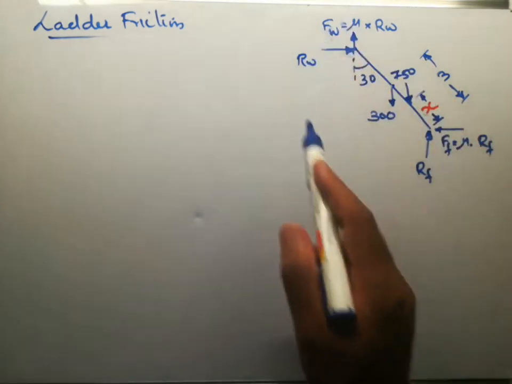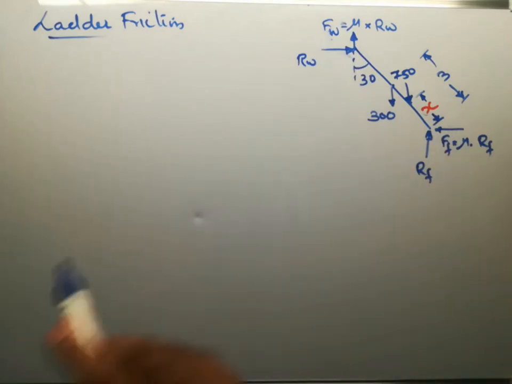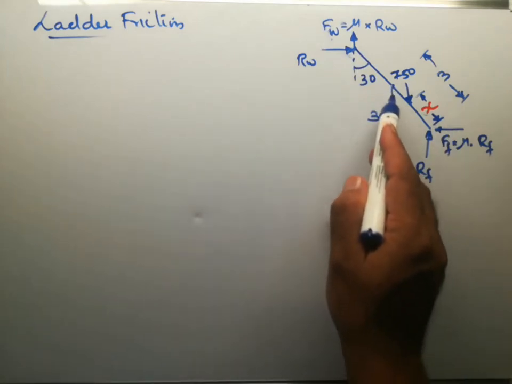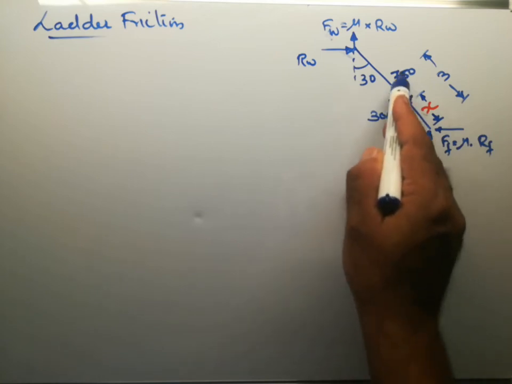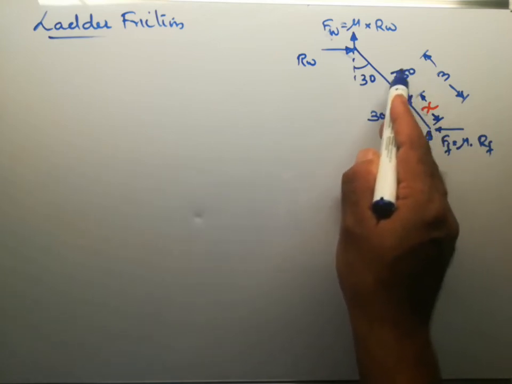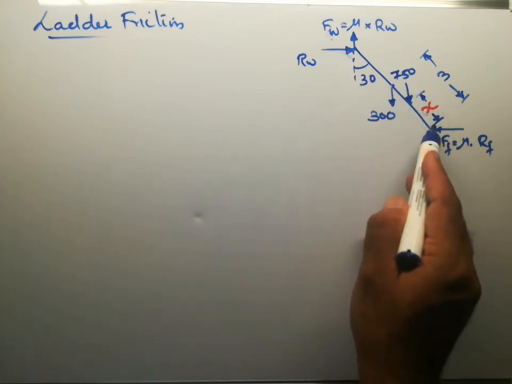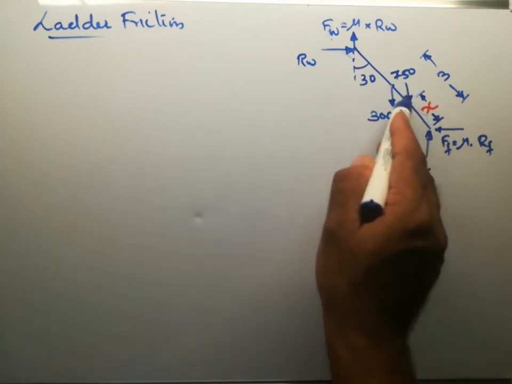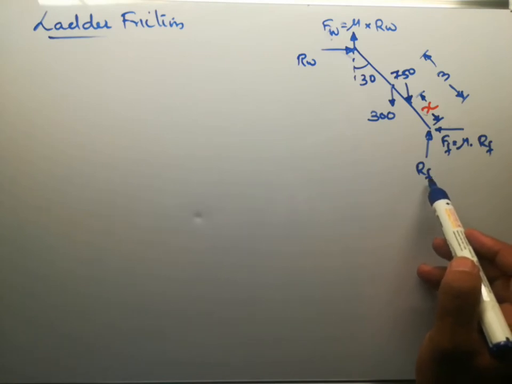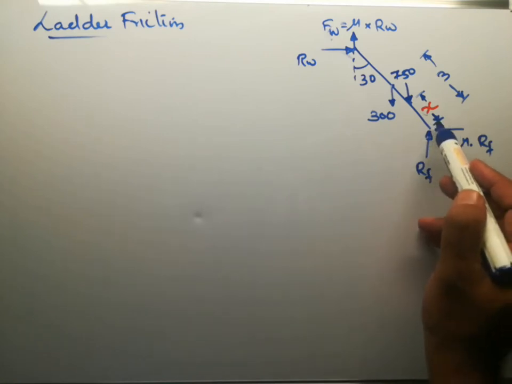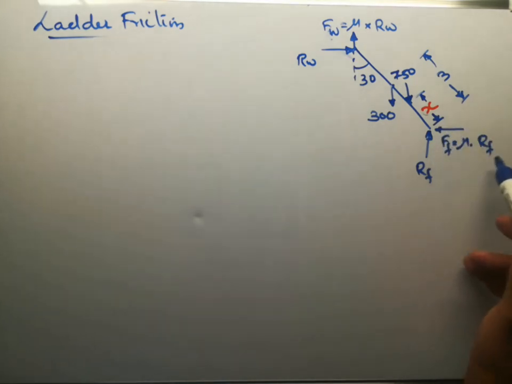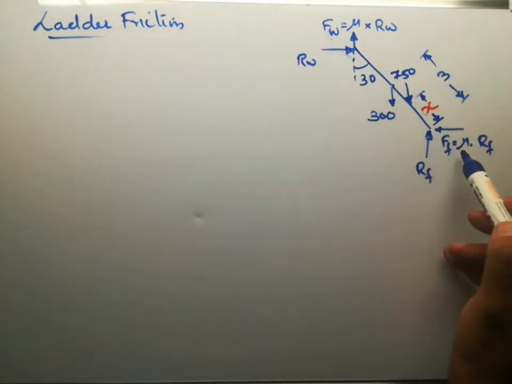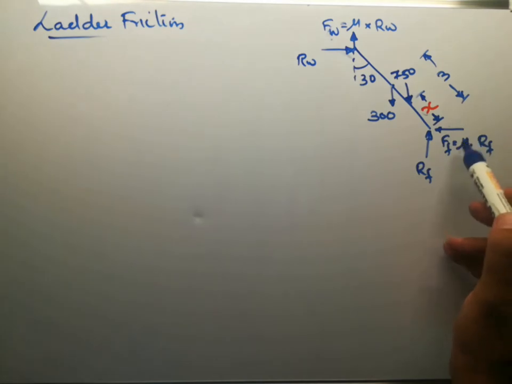So these are the forces acting on the ladder. First one is the weight of the ladder at the center, 300 Newton downwards. Next is the weight of the man who is climbing up the ladder, 750 Newton vertically downwards at X from the bottom along the ladder. And the normal reaction at the floor, RF, and corresponding limiting friction at the floor, FF equal to mu into RF, where mu is equal to 0.2.